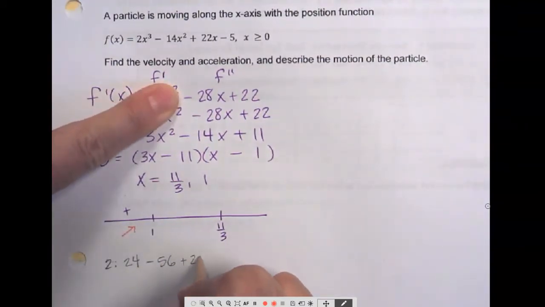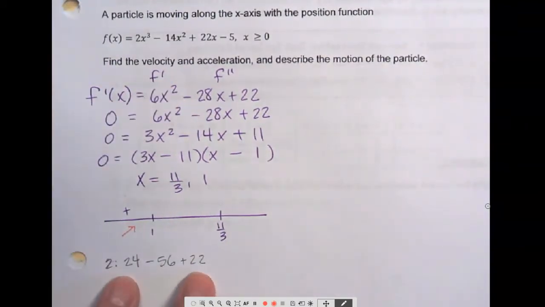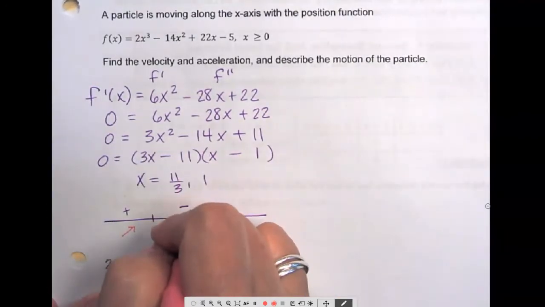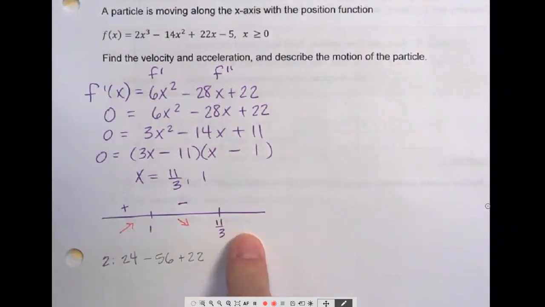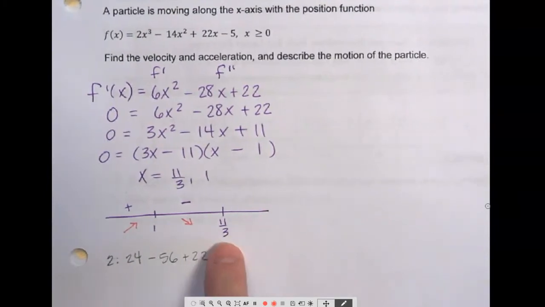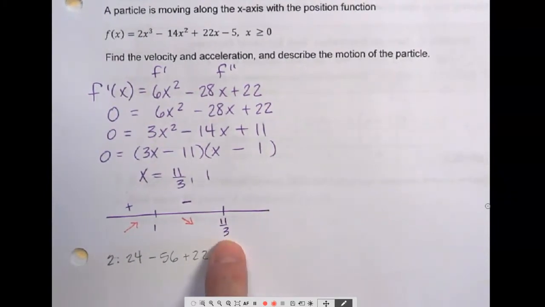Plus 22, okay, so that's 46 minus 56. What kind of number is that? Negative. Use a calculator if you have to. Okay, what's a nice number to the right of 11/3? That's 3 2/3, right? Yeah. So let's try 4.